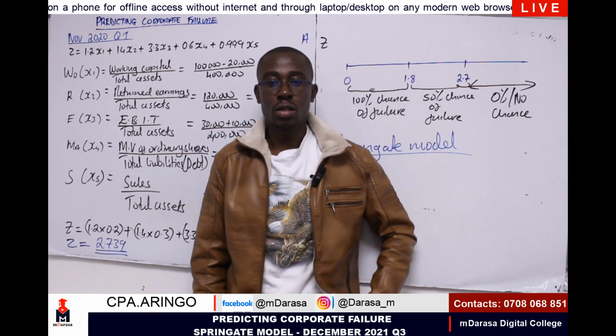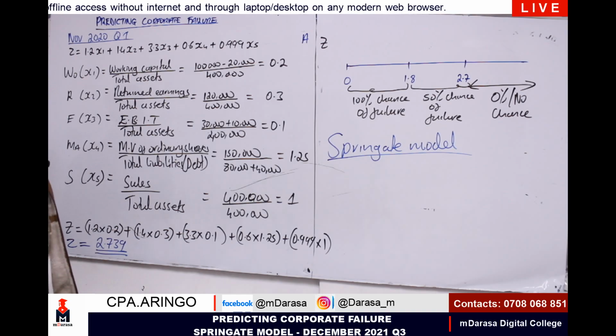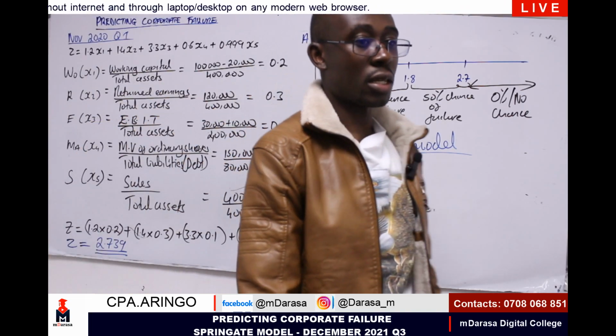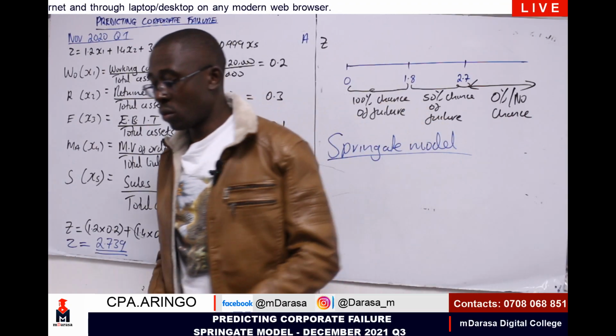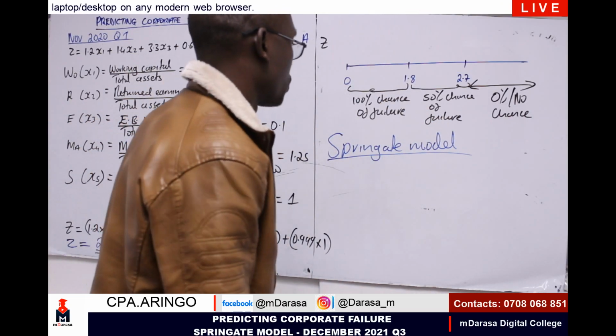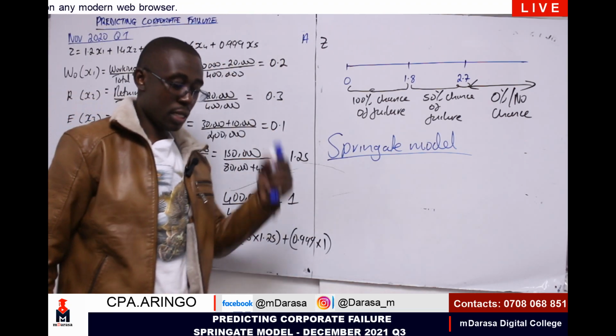Recall, my good students, in our last class we looked at the concept of the Altman Z-score, and today's session is a continuation of the quantitative methods we normally use to predict corporate failure.